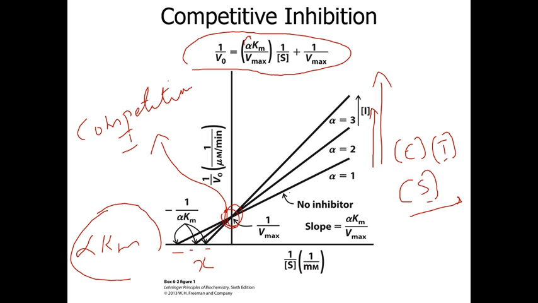And it changes. So a competitive inhibitor increases Km, with no change in Vmax. And this is the quantitative description for this phenomenon.